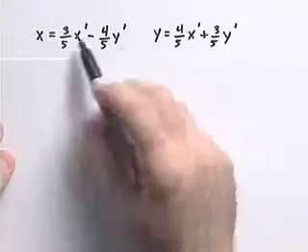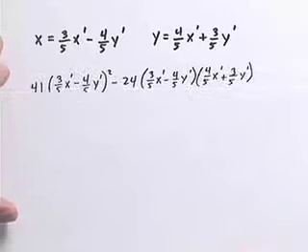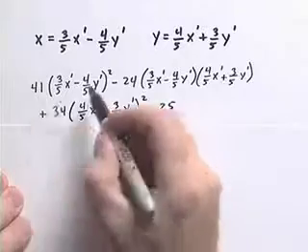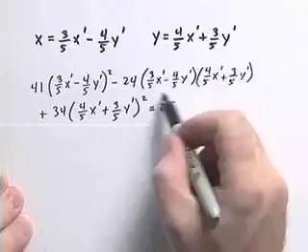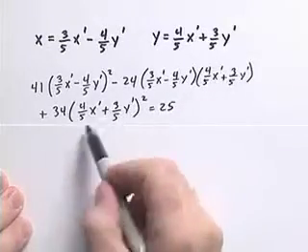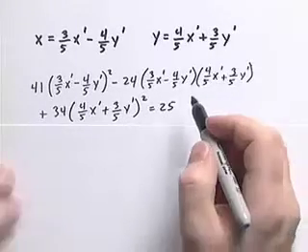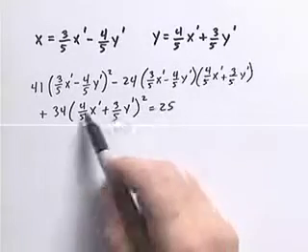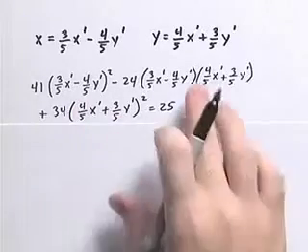If we substitute these expressions into our original equation, you'll get 41 times our new value for x, squared, minus 24 times our value for x times our value for y, plus 34 times our value for y squared, and that's going to equal 25. If we multiply both sides by 25, that will get rid of our denominators, and then we're going to expand each of these squares in this product.